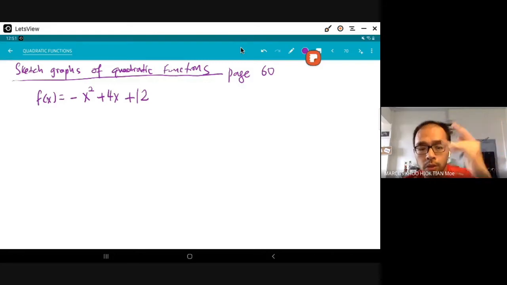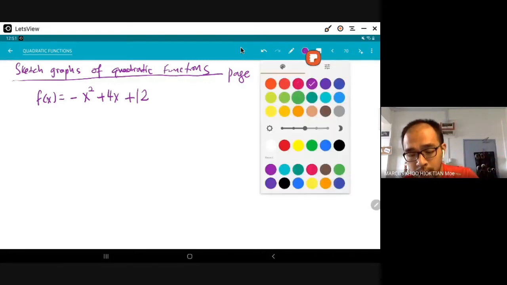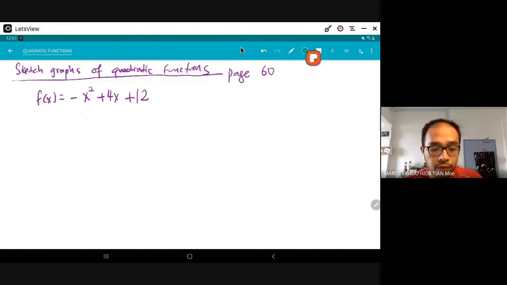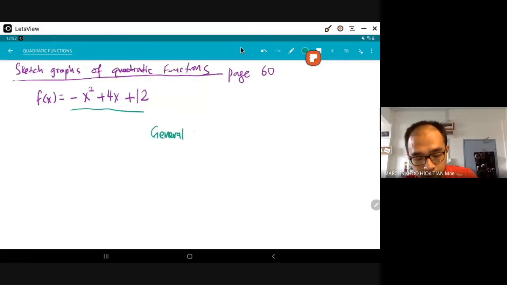The first thing we need to do is to know what form this is. Is it general form, vertex form, or intercept form? This tells us that this is general form. So I'm going to write it here, general form.